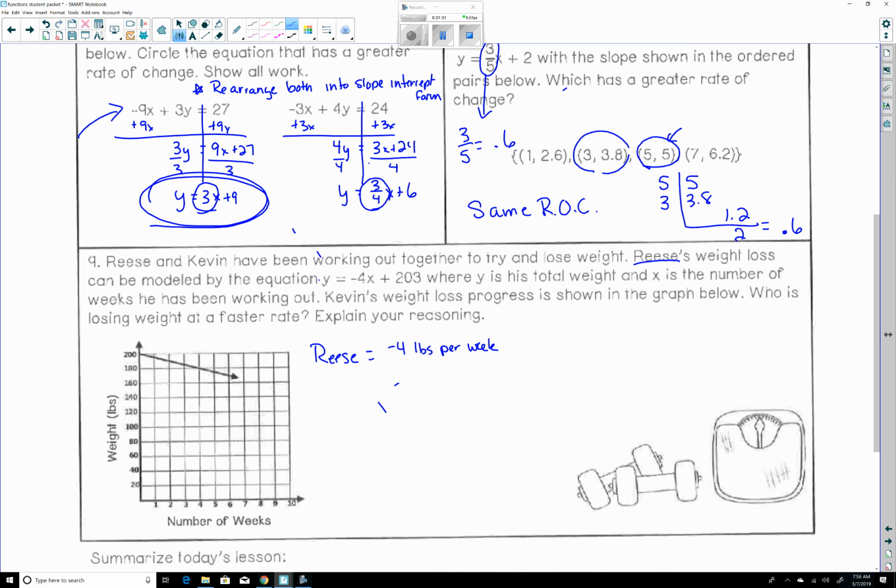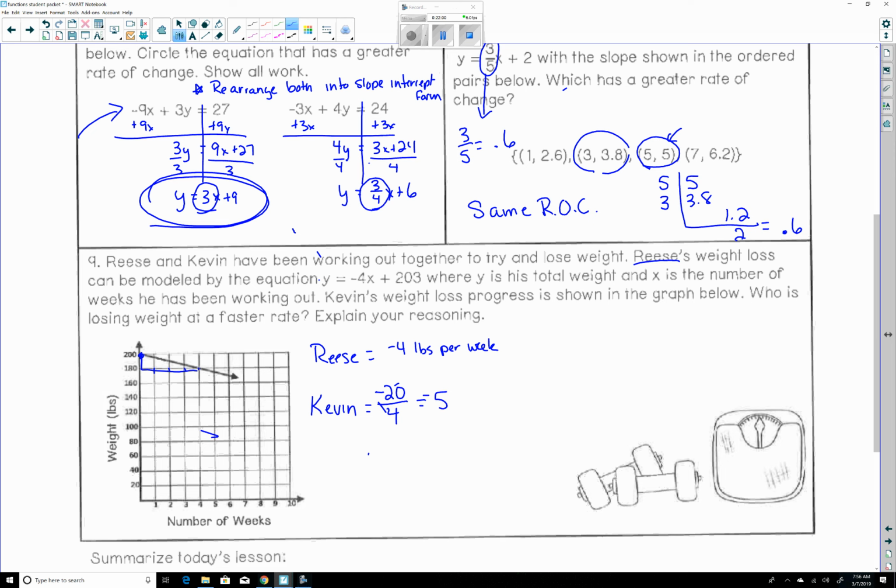Kevin is shown on the graph. So Kevin is starting off at 200 pounds, and let's see, he's going down 20, because 180 to 200 is 20, over 1, 2, 3, 4. So for Kevin, his rate is negative 20 over 4. Now negative 20 over 4 is negative 5.